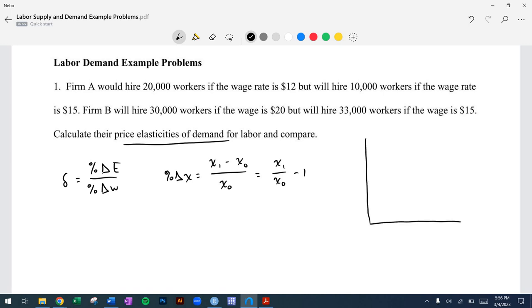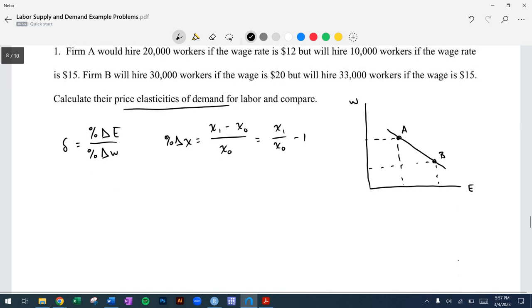I will note that if we're looking at a demand curve, and here we have the wage, and here we have employment, where we start will actually make a difference in the end result. So if we go from A to B, we would end up with a slightly different elasticity calculation than if we go from B to A. So the starting point matters a little bit, but which one you choose is a little arbitrary.